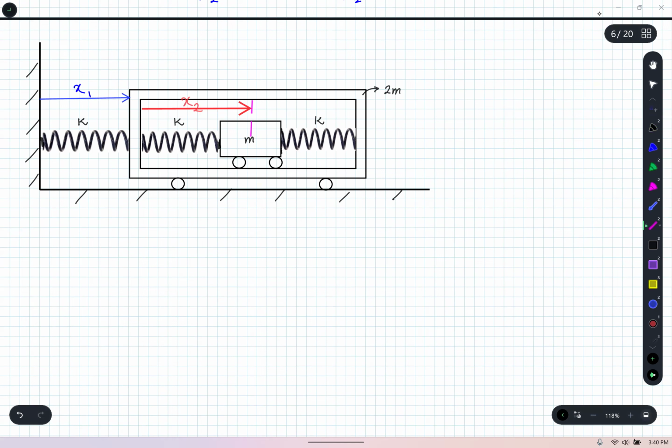Obviously, we measure the distance of the cart with respect to the wall, but we measure the motion of the mass inside the cart with respect to the cart, because then we can do some algebra and find the absolute value. But in terms of solving the problem, let's see how it affects our solution. All right. Similar to what we did before, let's just get rid of that spring.